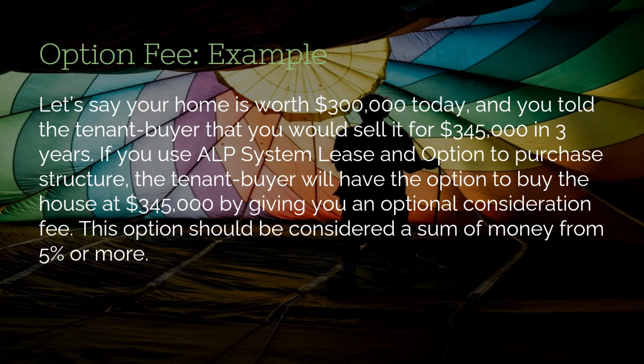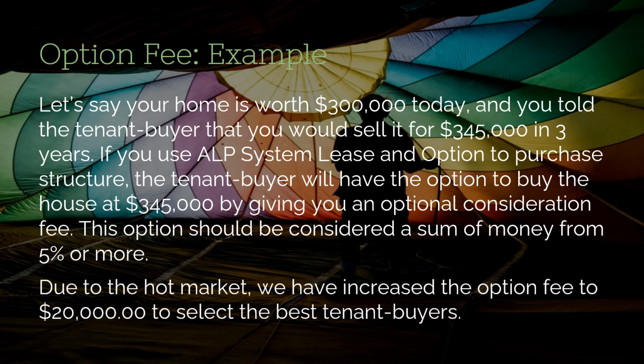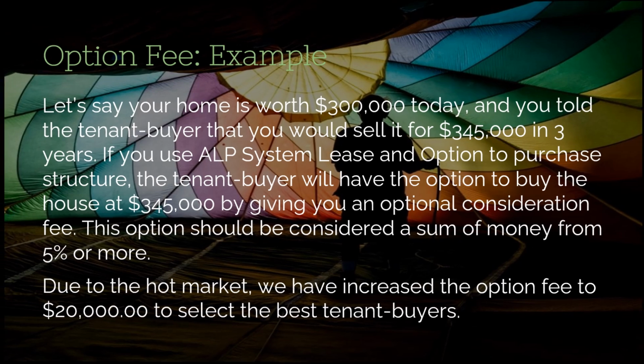This option consideration fee is normally 5% or more, so the tenant will end up paying you about $10,000 to $15,000. Normally, due to the hot market and the increased risks these days due to COVID-19, we take a minimum option fee of $20,000, and this gives us added security.